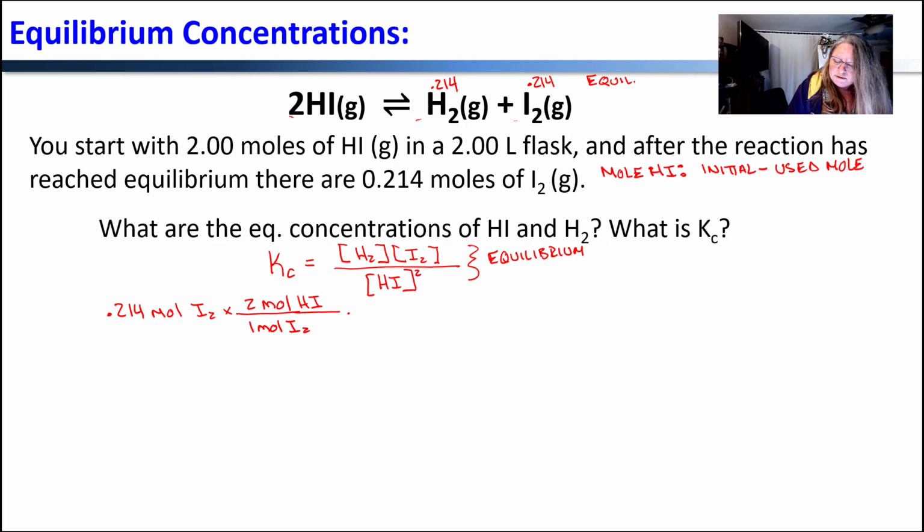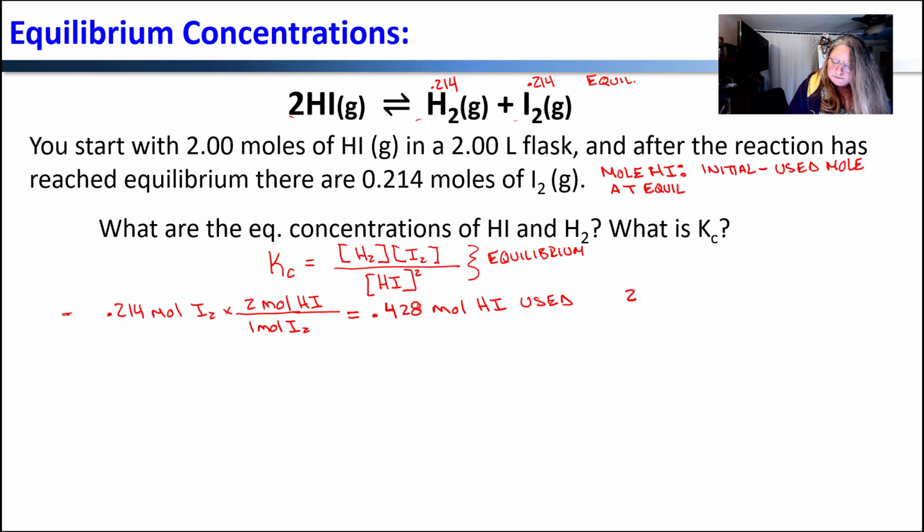That will give me the moles of HI at equilibrium. Okay, this calculation here gives me the moles used. So what am I going to have? That's going to give me 0.428 moles of HI used.